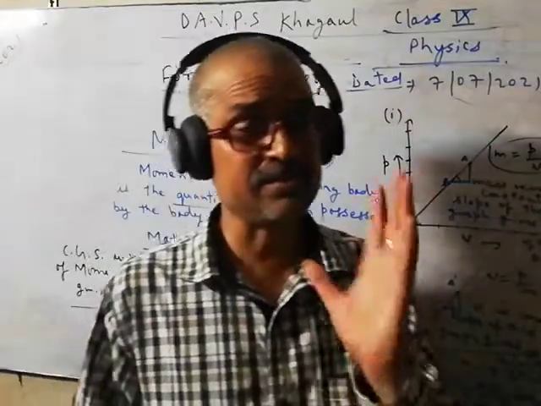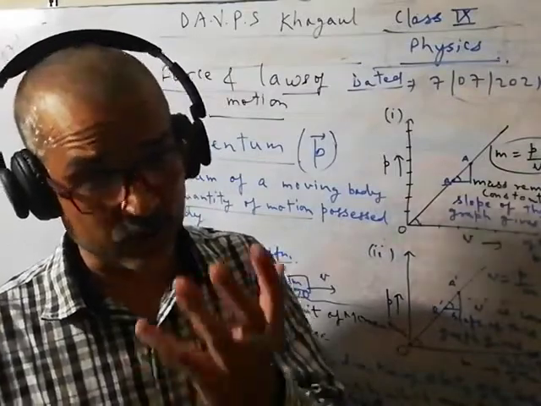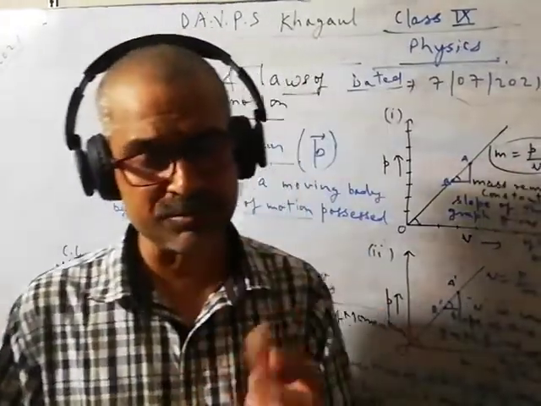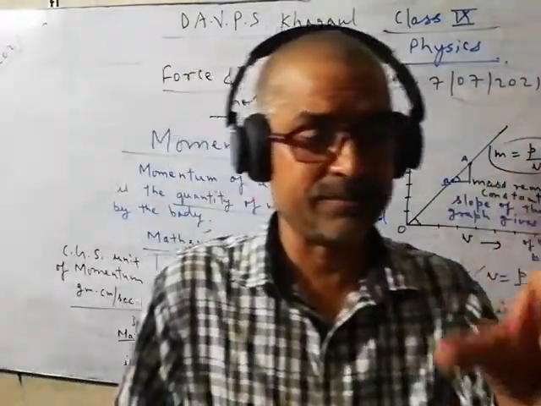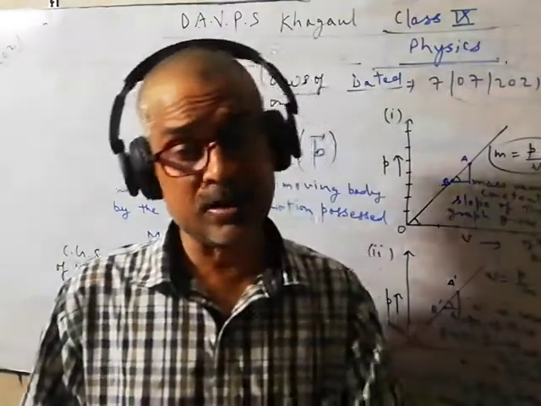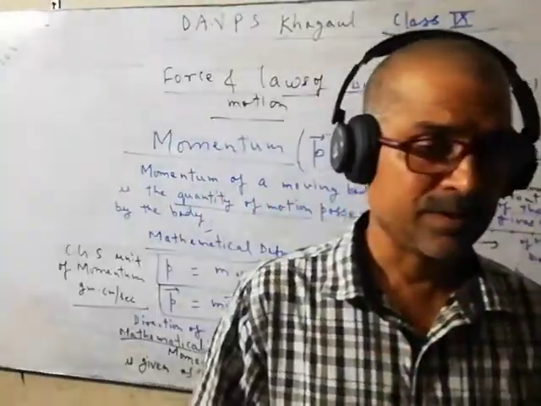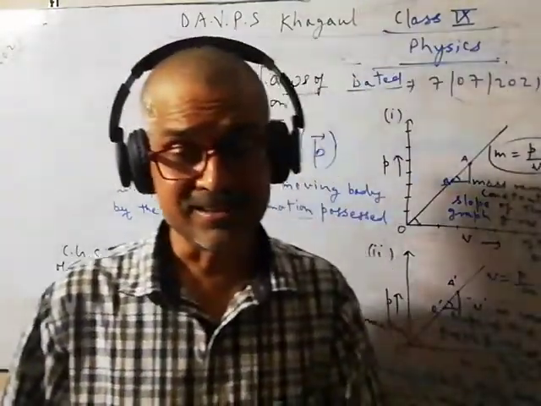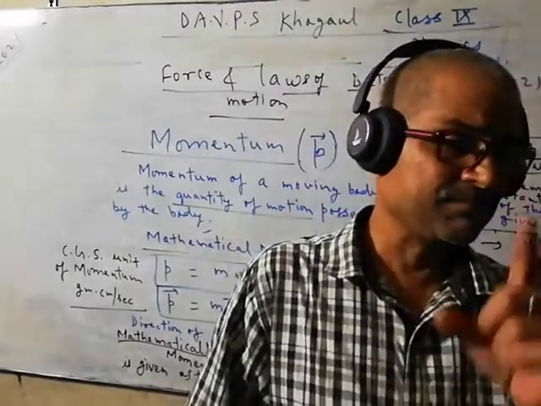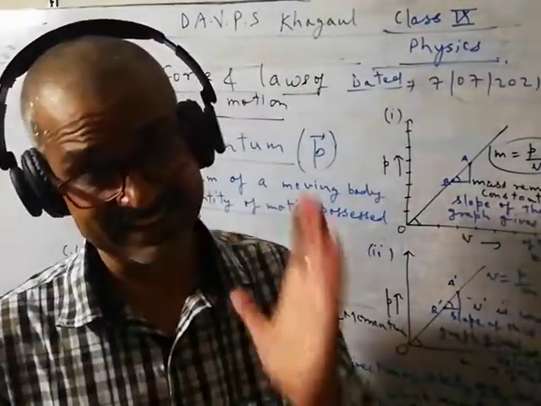That is an experimental law, and it is a mathematical law to calculate the amount of force needed to bring a certain change in momentum in a certain time. The amount of force could be calculated by Newton's second law of motion. That we will study in detail.